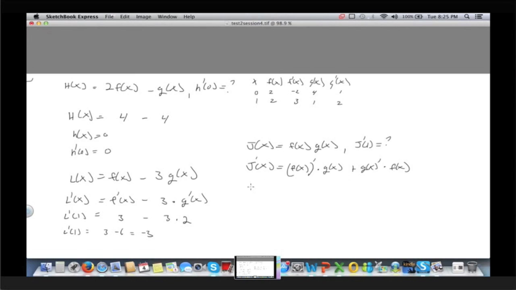So when x is 1, derivative of 3 times g of x 1, derivative 2, f of x 2, 4 plus 4.